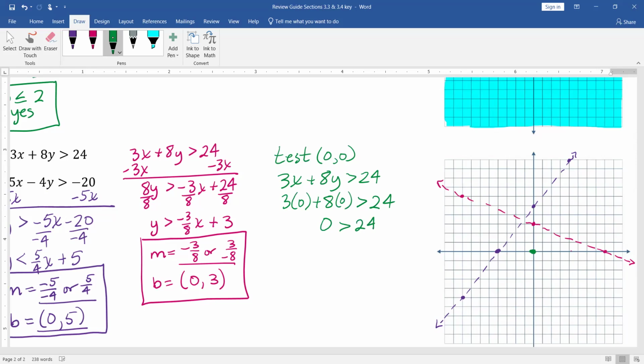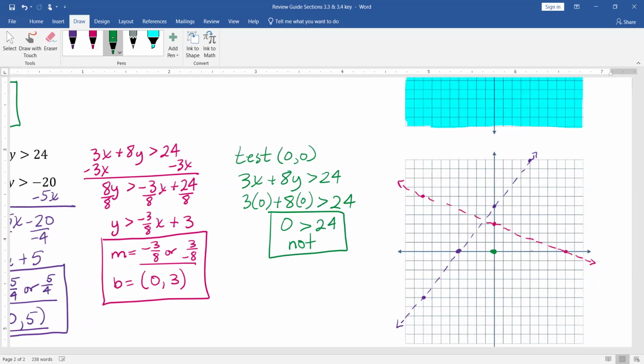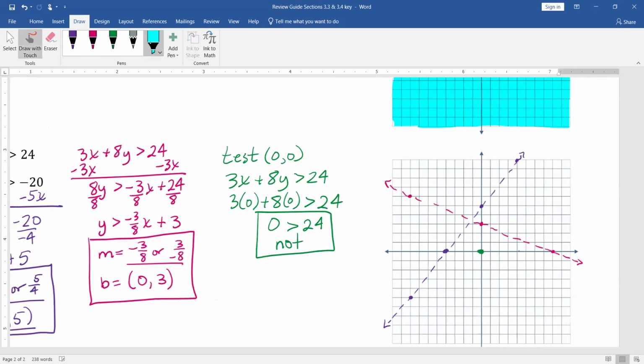That was, in my case, the pink line. You might want to label yours if you want. Line 1, line 2, something like that. But that means that the side with the origin is not a true statement. So I'm going to highlight the other side. The side that does not include the origin.